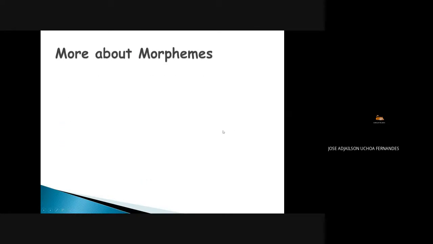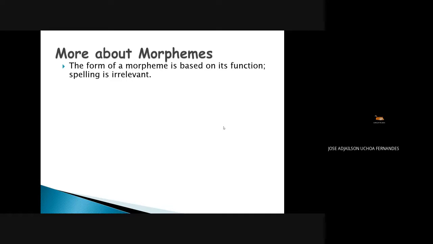Now, let's see a bit more about the morphemes. We'll go back to allomorphs and homophones in practice, okay? In a few moments. And we are going to discuss them as we deal with them to classify. So, the form of a morpheme is based on its function.